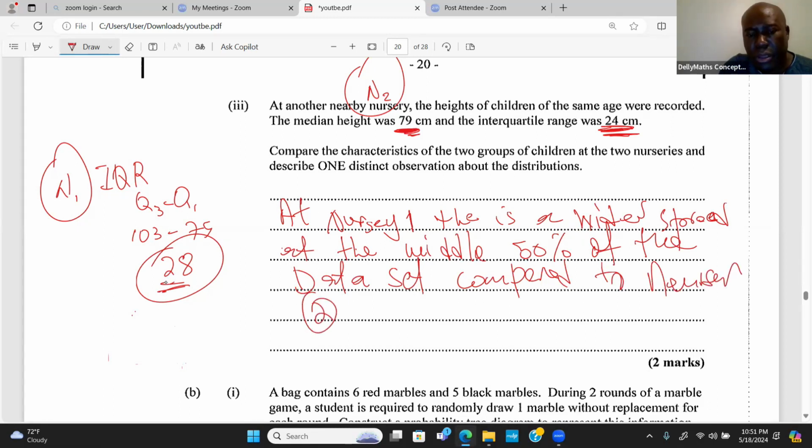All right. So the reason why I said there's a wider spread is because our interquartile range, 28, is bigger than theirs, which is 24.